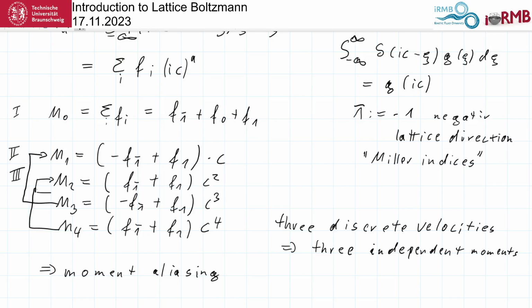Aliasing means that one thing has several names, it has an alias. This is something that we know from the Fourier transform, where if you don't sample fine enough, the same signal will show up in different frequencies. And this happens here too.